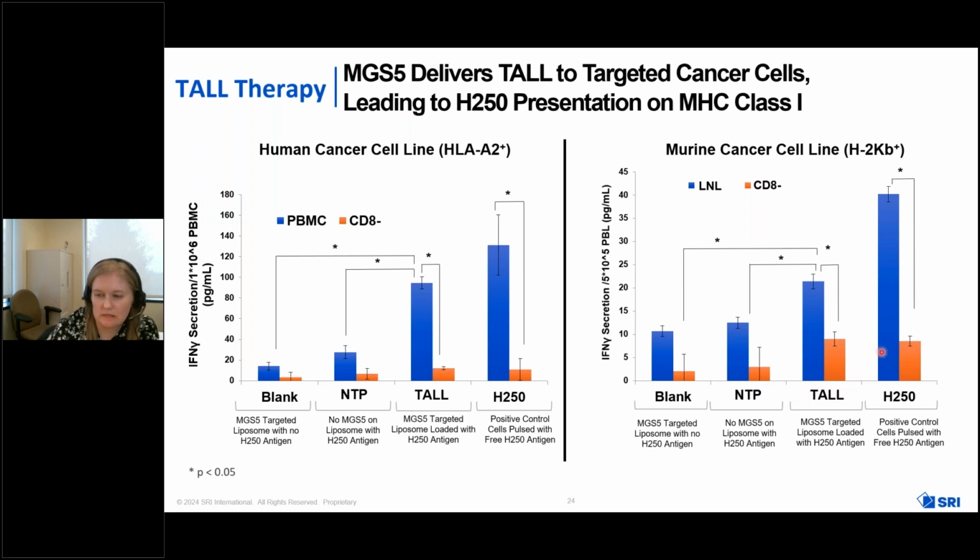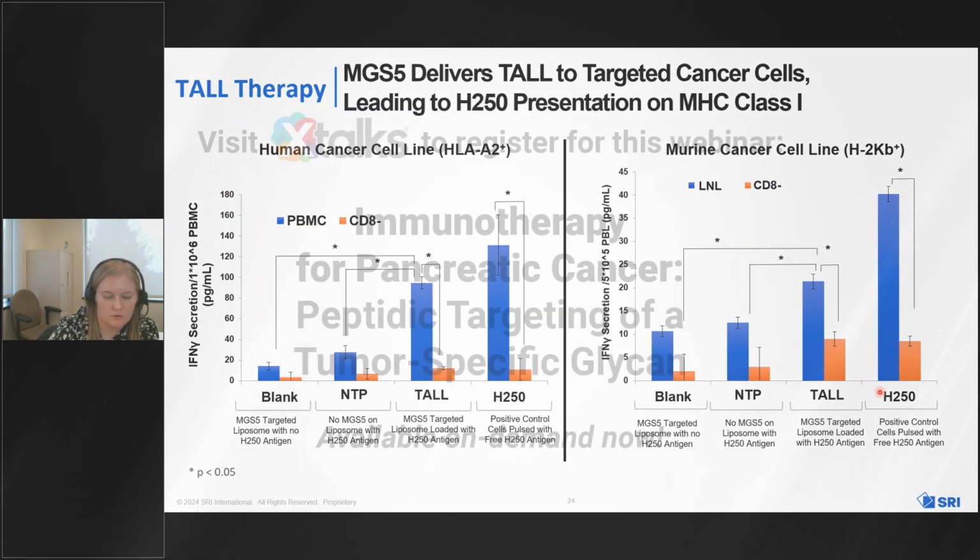Again, our H250 is our positive control to show that H250 is able to induce interferon gamma secretion. And when we deplete the CD8 positive T cells, we again see that abrogation of interferon gamma secretion. So this really tells us that MGS5 is able to deliver TAL to targeted cancer cells and allows H250 to be presented onto MHC class 1.